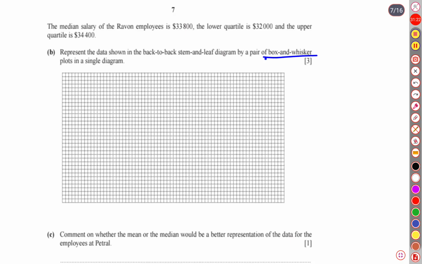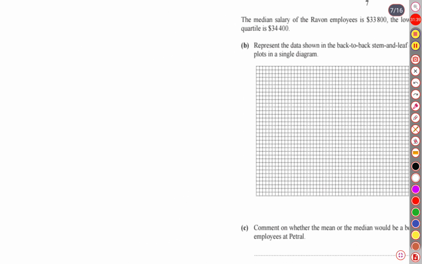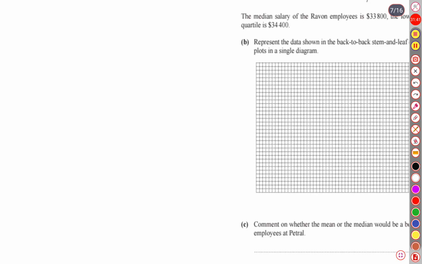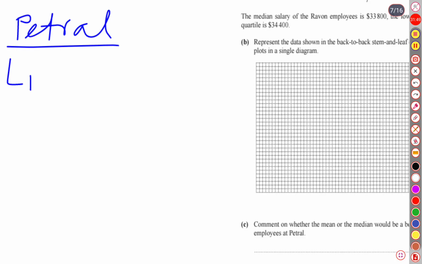For box and whisker plots, there should always be 5 pieces of information presented. Let me show you. First, for petrol, let me write petrol on the left side. For petrol, first information is lowest wage or lowest salary.